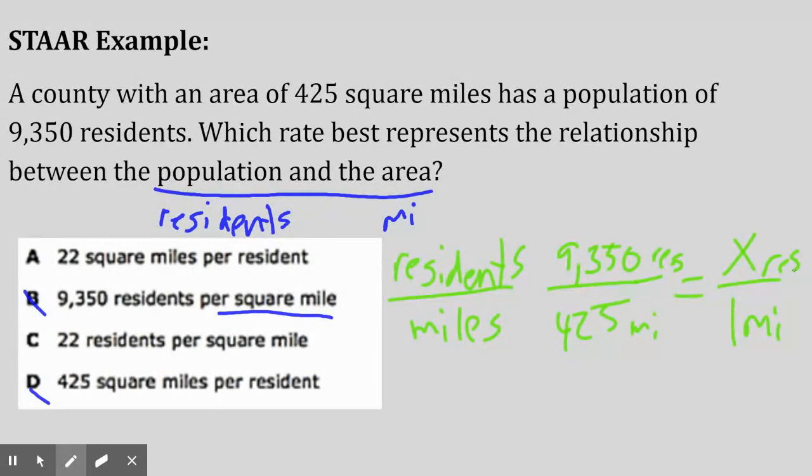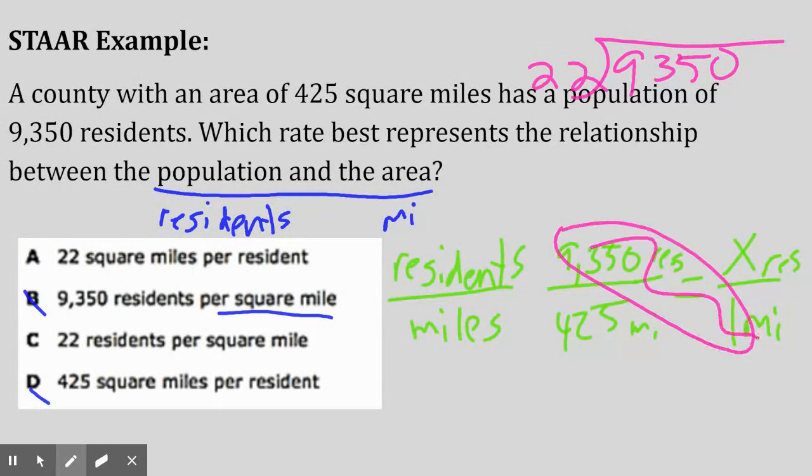So if I cross multiply and divide, 9,350 times 1 gives me 9,350. Let me make some room up here. Which means I cross multiply that, done. 425 is left over.